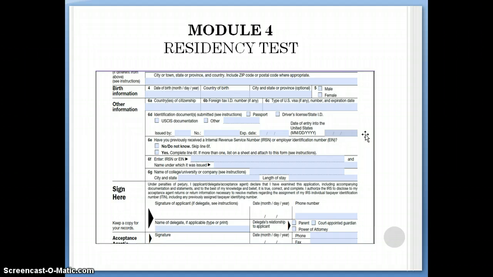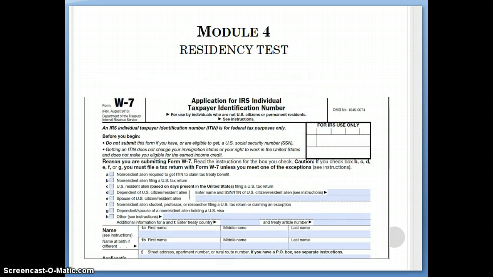This difference contributes to some confusion over the appropriate reason code that we check on Form W7. Remember I said that in the tax centers we only use reason codes C, D, and E, and that you will never use reason code B?